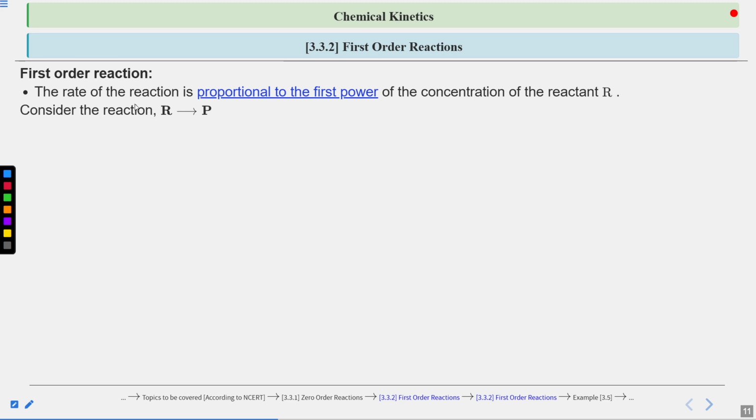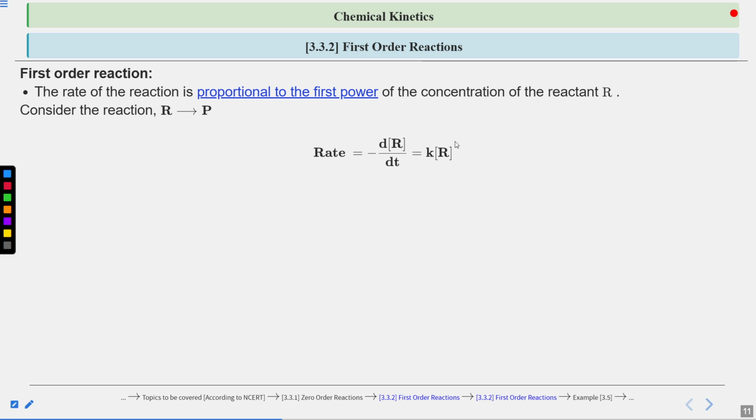If you consider again a reaction where the reactant is converting to the product, the rate is defined as minus dR by dt. That means the change of concentration of reactant with time is equal to k times the reactant concentration to the power 1.